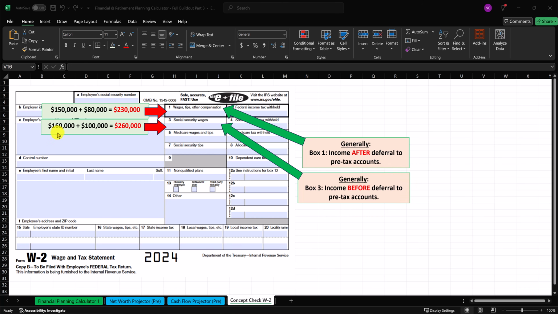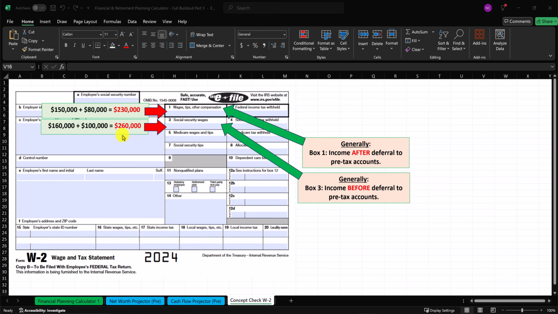So if one spouse has $160,000 of gross wages, that would be like what their stated wage is, and the other spouse has $100,000 of gross wages, then generally speaking, I would expect to see $260,000 total between 2 different W-2s for 2 different spouses. I would expect to see that grand total contained within box 3 of those 2 different W-2s.